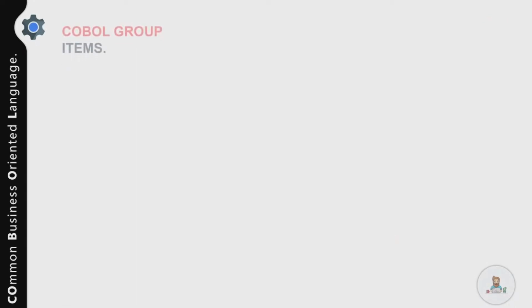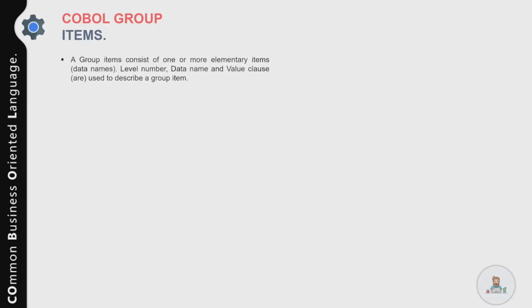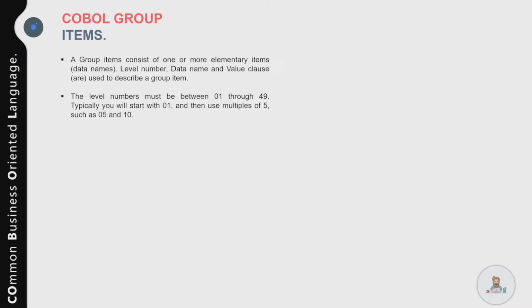Now let's talk about group items in COBOL and how you can define them in your COBOL program. By definition, a group item or group variable is one that consists of one or more elementary items. To define a group variable, you need a level number, a data name, and a value clause. However, the value clause is optional.